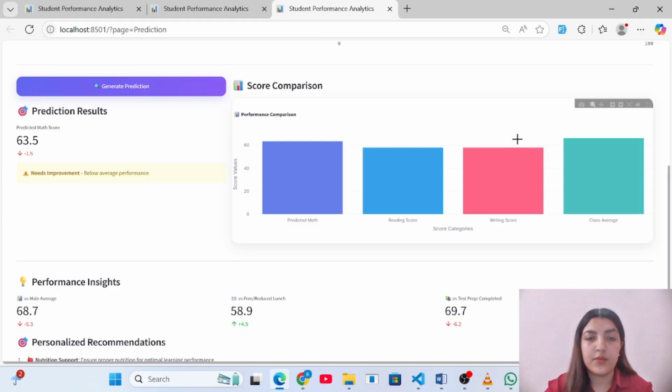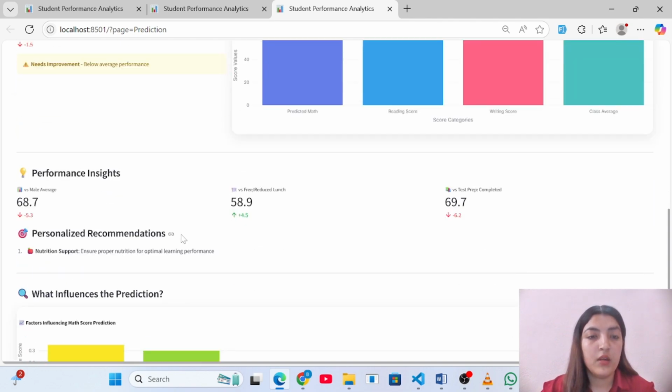On the basis of the prediction, here you can see the graph, which shows 63.5% as the math score, compared with all of the factors which are affecting student performance, such as reading, writing, class average, lunch, parent education, and gender.